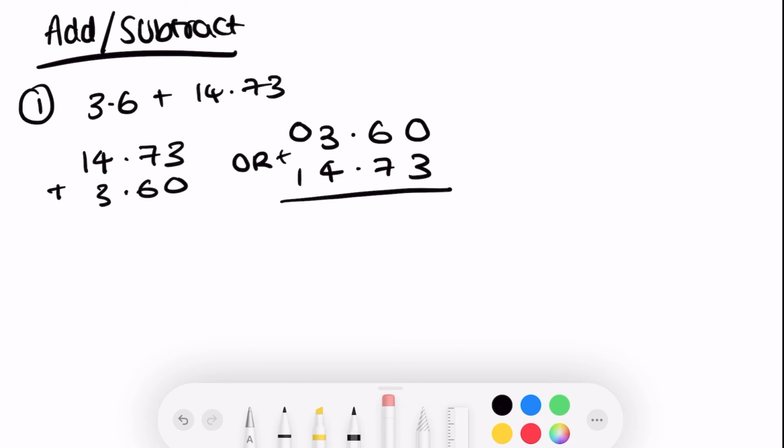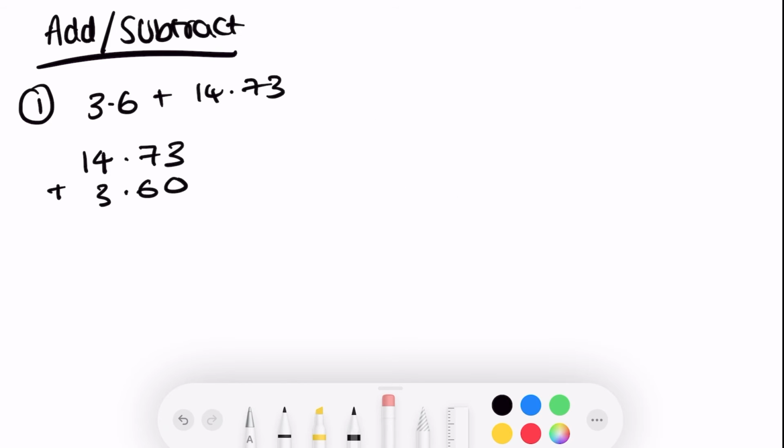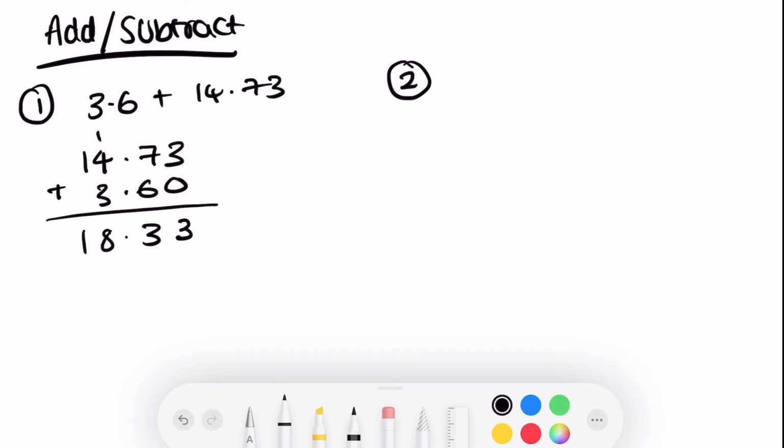But for me personally, I prefer the first way, so I'm going to stick to that. All right. And then I'm just going to add these up. So we get 3, 7 plus 6 is 13. Carry the 1. 4 plus 3 is 7 plus 1 is 8. 18.33.